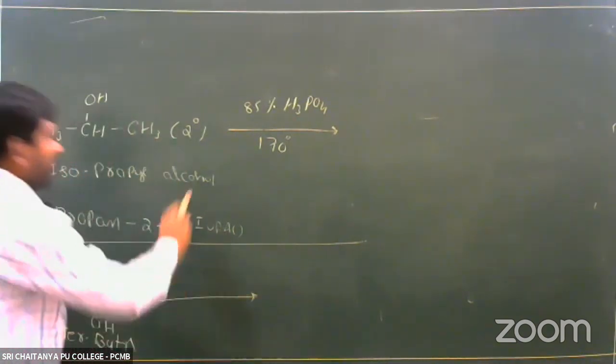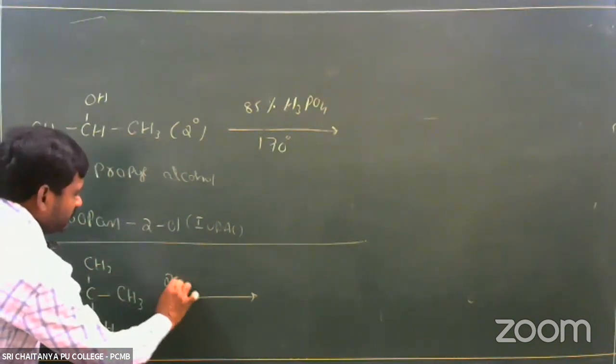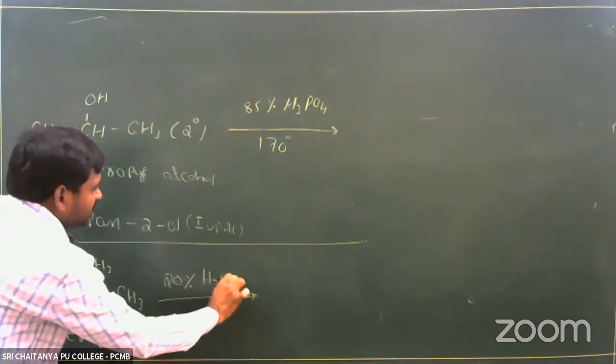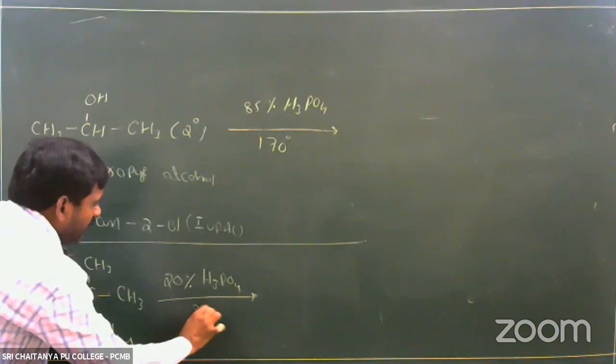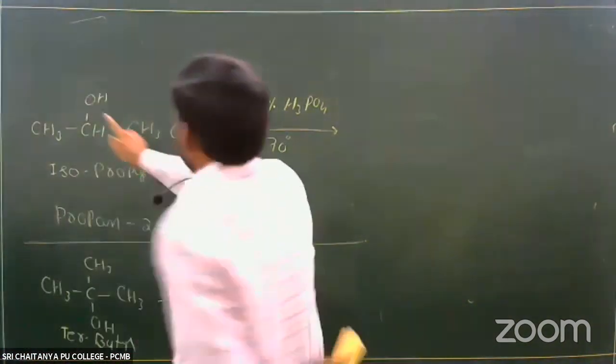On heating with phosphoric acid, it requires nearly 20% phosphoric acid because it is more reactive. So it requires 20% phosphoric acid, H3PO4, and about half the temperature, that is 85 degrees centigrade.